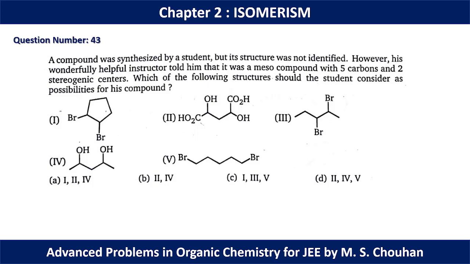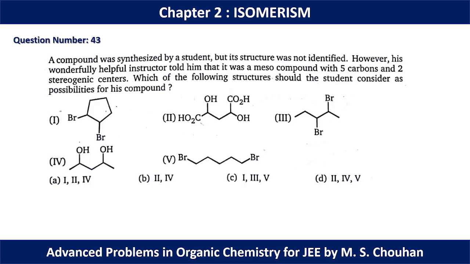What is the definition of a stereogenic center? If the center can show stereochemistry or stereoisomers, then it is a stereogenic center. It may be a chiral center or it can show a geometric center also. So, two stereogenic centers. Which of the following structures should be considered as possibilities for the compound?